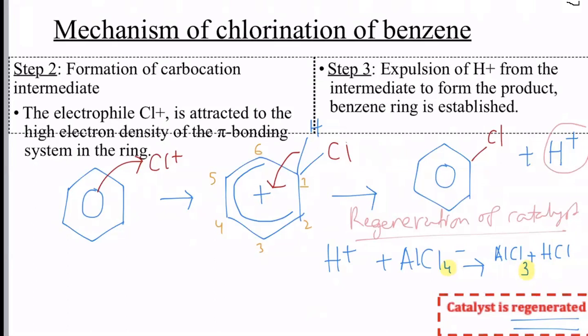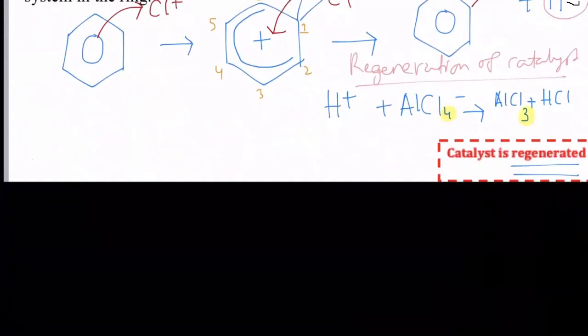Let's just add. I'm going to type it out. Here it says benzene's delocalized ring of electrons is disrupted.